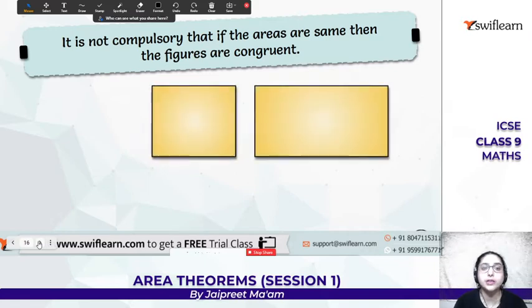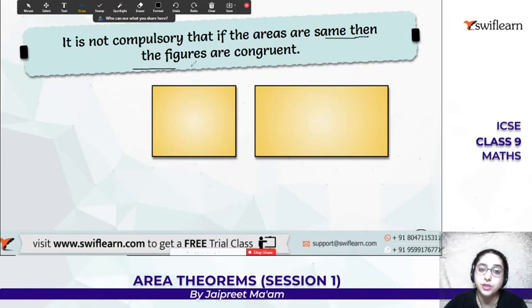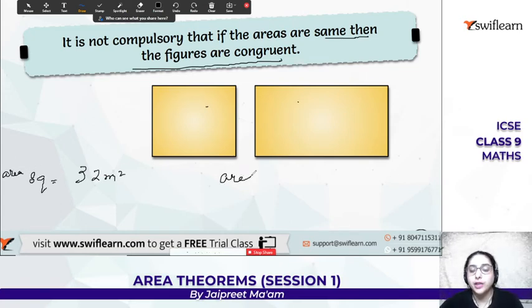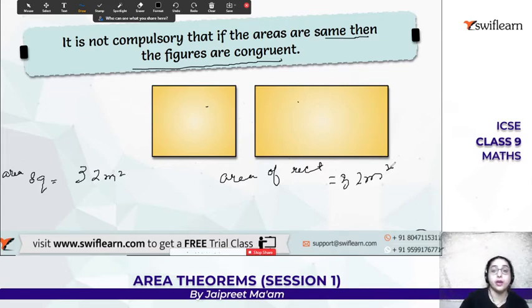And one important thing: it is not compulsory that if the areas are the same, then the figures are congruent. For example, if the perimeters are the same and we find the area of a square to be 32 meters square, and we also find the area of a rectangle to be the same, 32 meters square, it doesn't mean they are congruent, because the shape is different and the size is different.